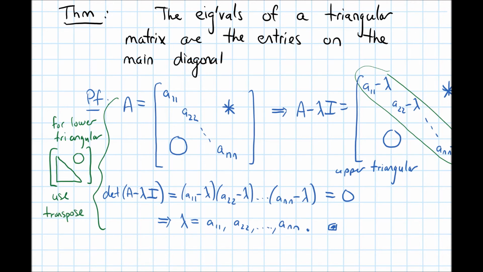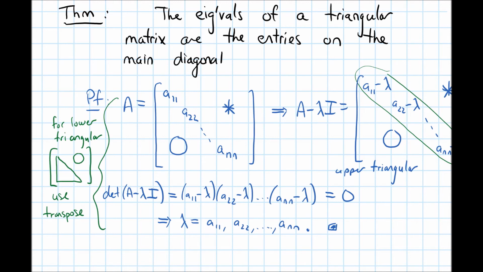Somewhere in the proof, we would use the transpose to turn our matrix into an upper triangular matrix. And once it's upper triangular, we can use our theorem about the determinant of an upper triangular matrix, namely that it's just the product of all the diagonal entries.